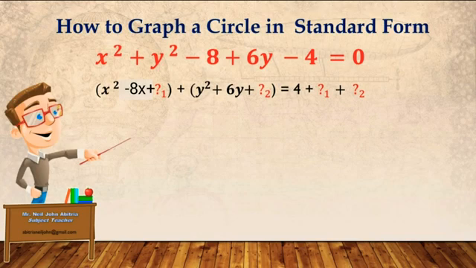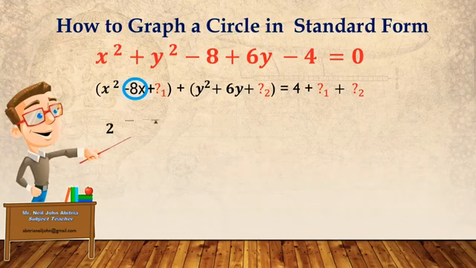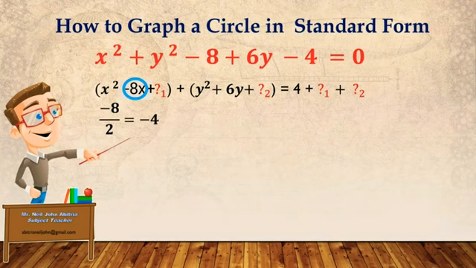You have isolated the constant to the right and added the values unknown 1 and unknown 2 to both sides. The values unknown 1 and unknown 2 are each the number you need in each group to complete the square. Take the coefficient of x, divide it by 2, and then square it.